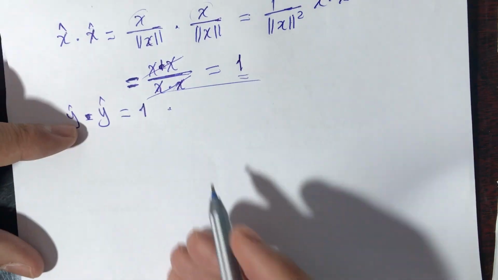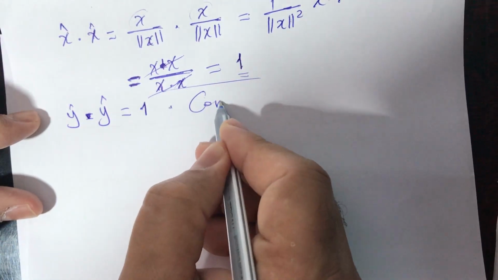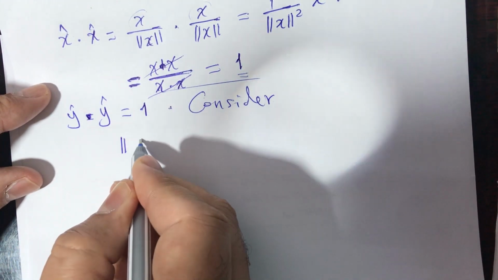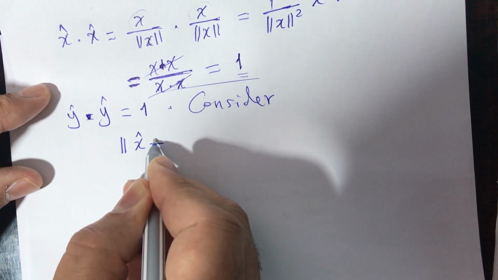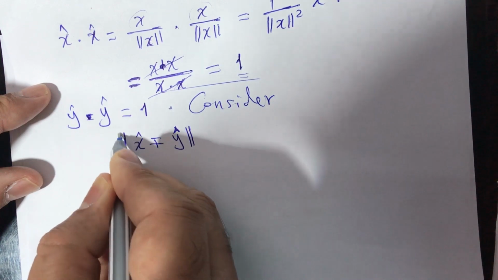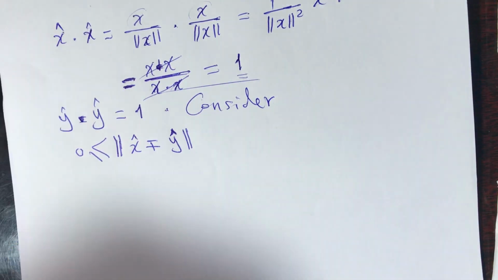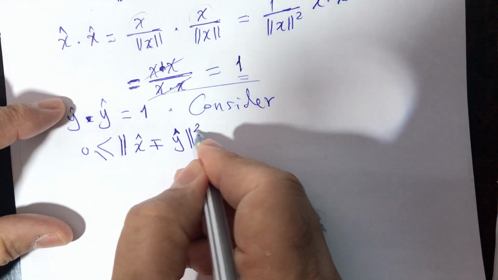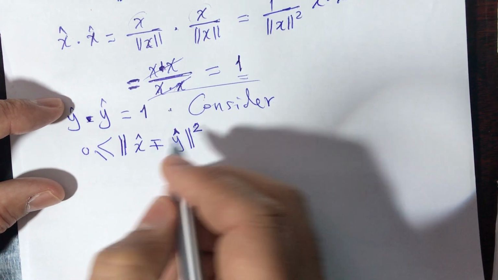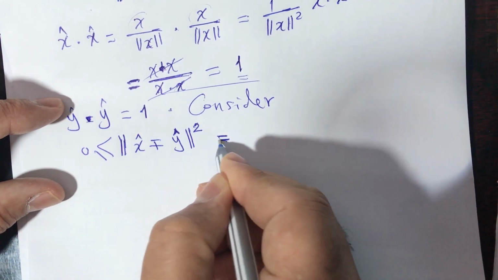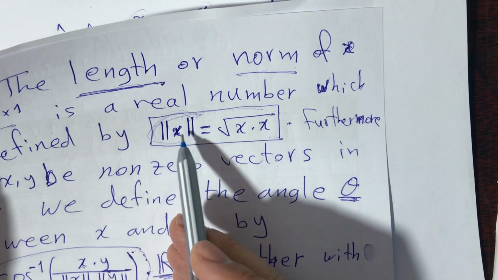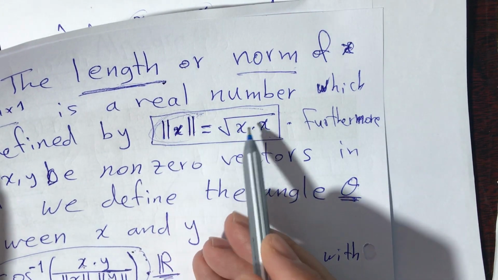Now consider the norm squared of x hat plus or minus y hat, which is of course greater than or equal to 0, by the definition of the norm.